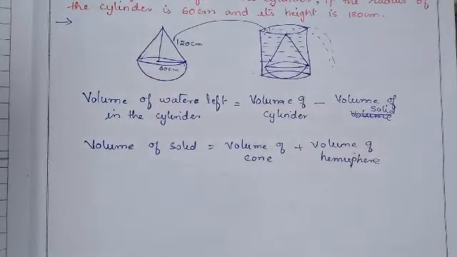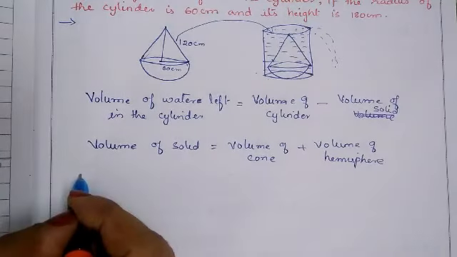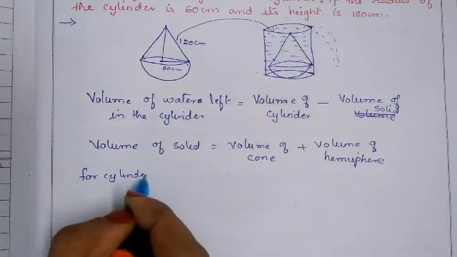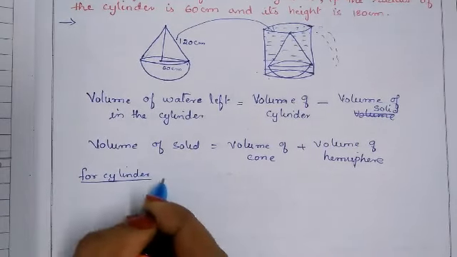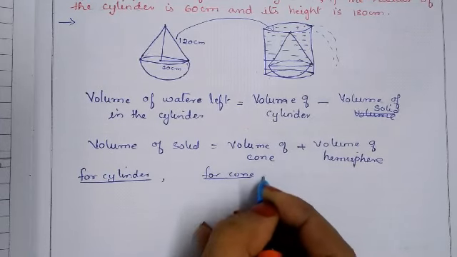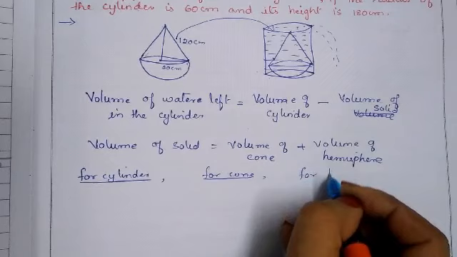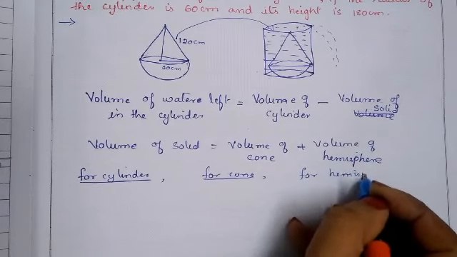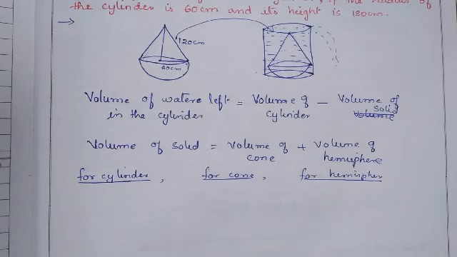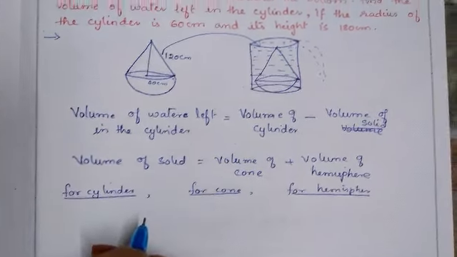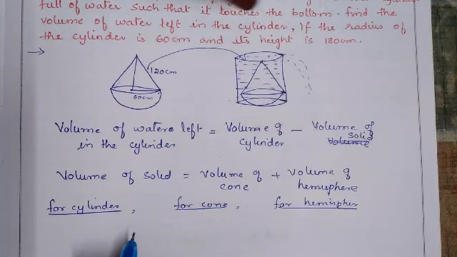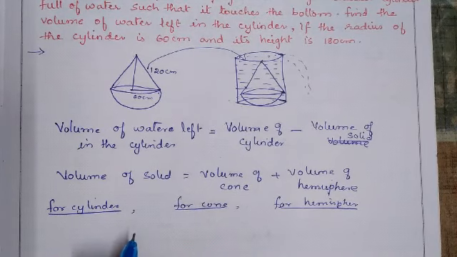Now let us see what all the things are given. For the cylinder, for the cone, and for the hemisphere, three things are given. For the cylinder, they have told a right circular cylinder full of water such that it touches the bottom.